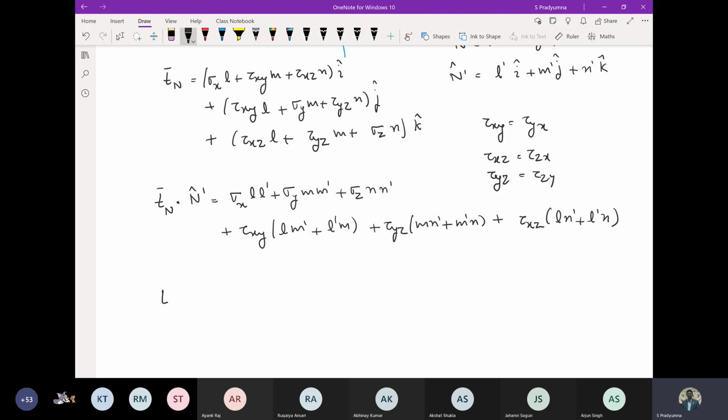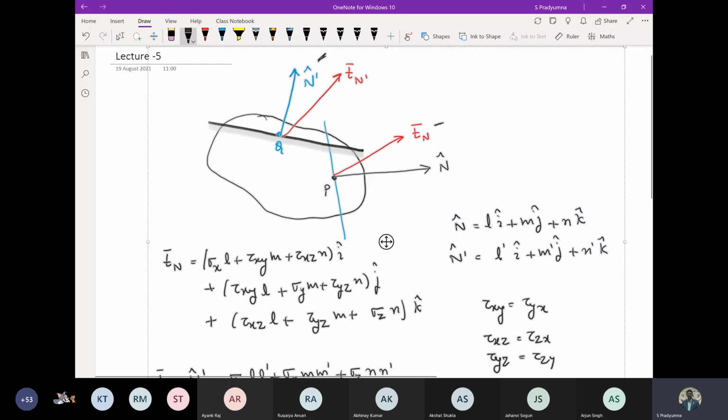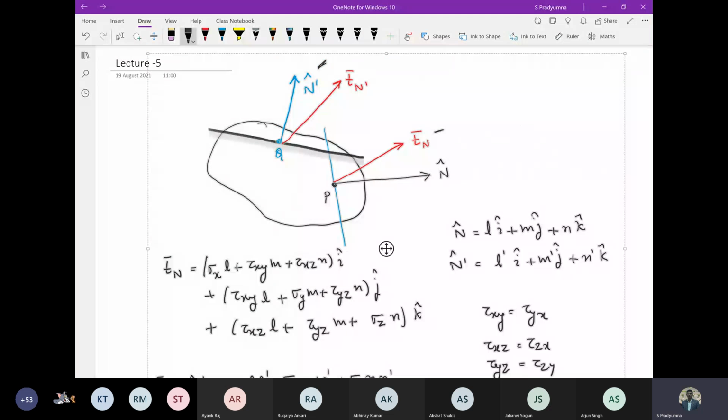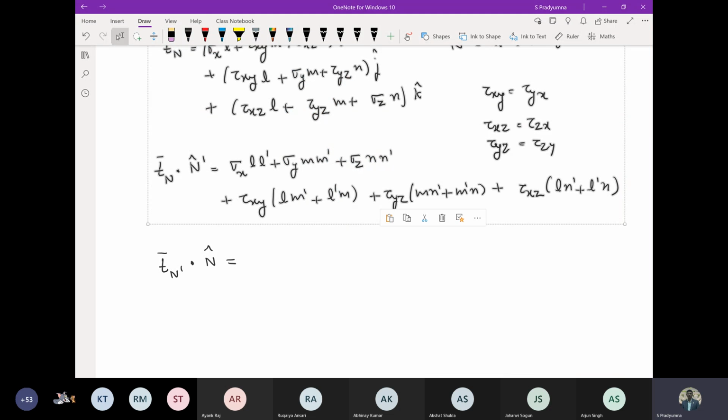Now let me also take the projection of Tn dash along n, the dot product of Tn dash with n.